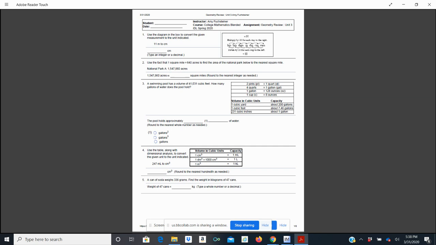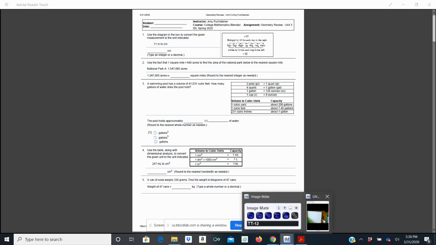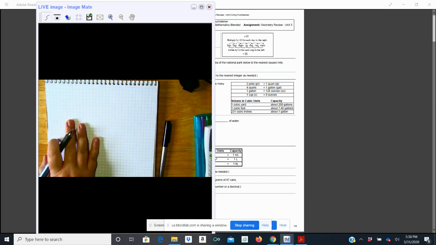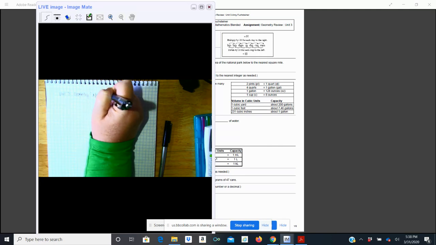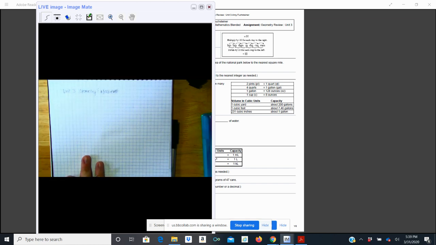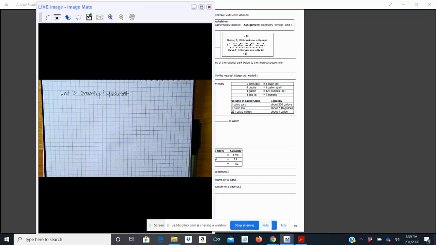reviewing for your Unit 3 test, we are gonna have to take a look at Unit 3. Unit 3 is geometry and measurement. So the first thing that we're going to look at is measurement.